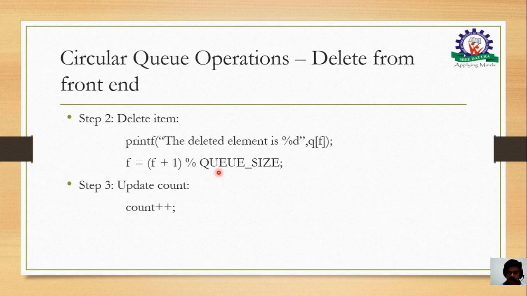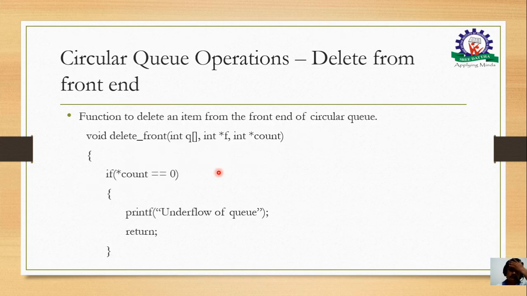So here is the function that is meant for deleting from the front end. Here I will delete an item within the queue, marking with the front pointer and updating the count value.